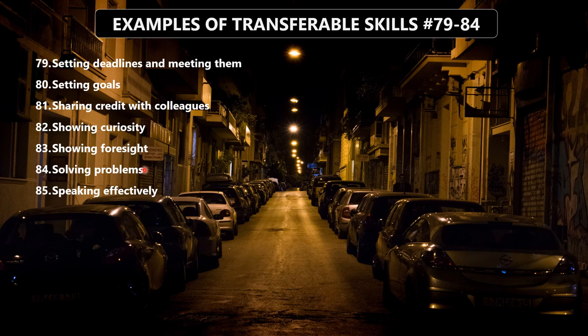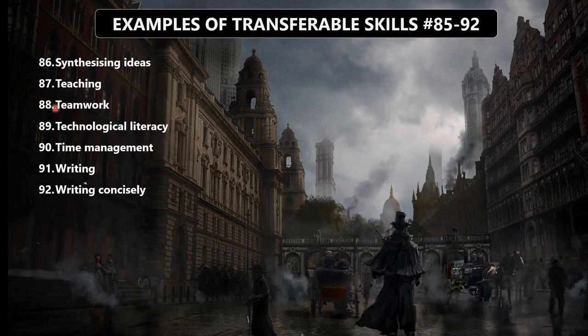Problem-solving abilities are connected to several other skills, including analytical skills, innovative and creative thinking, a lateral mindset, adaptability and flexibility, level-headedness, initiative, resilience, teamworking, and influencing skills. Finally, on this list, pay attention to number 88, teamwork, and number 90, time management.